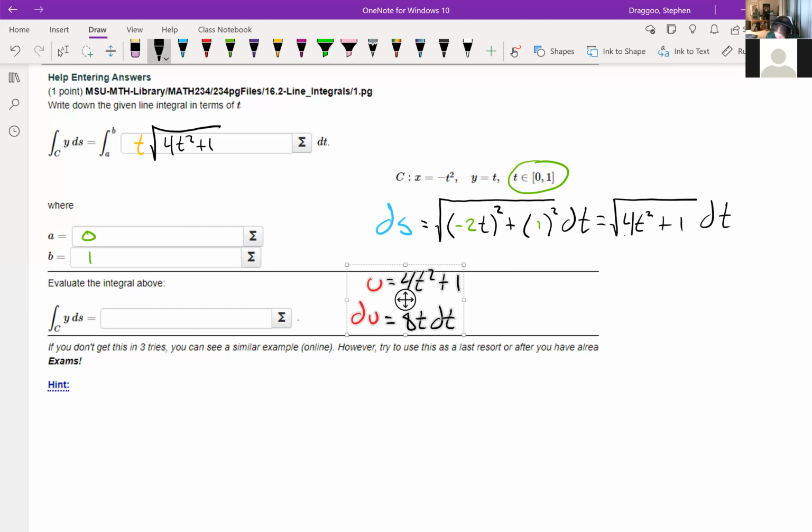Just a little bit out of the way. And we'll substitute some stuff in. That means that this integral becomes the square root of u times du. So notice that that t that used to be on the outside is going to become part of du. I'll highlight it right there. But we still have that 8 to deal with. So 1/8 times all of this.